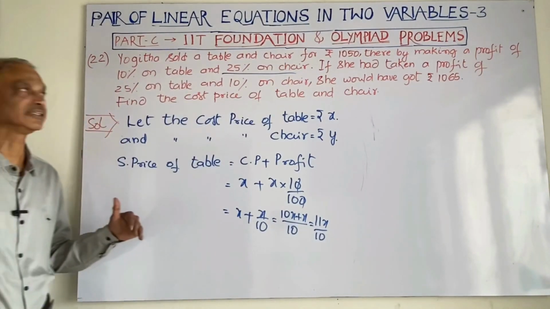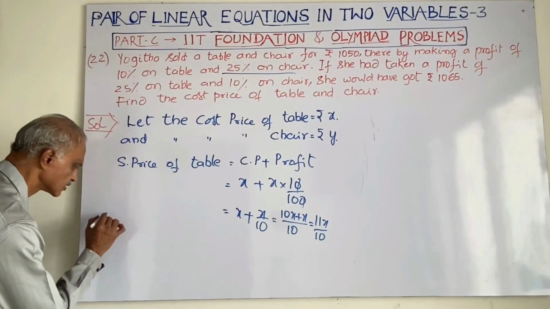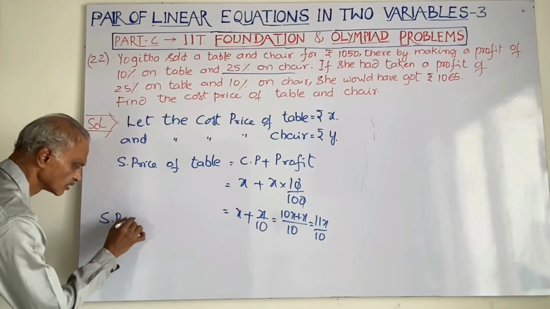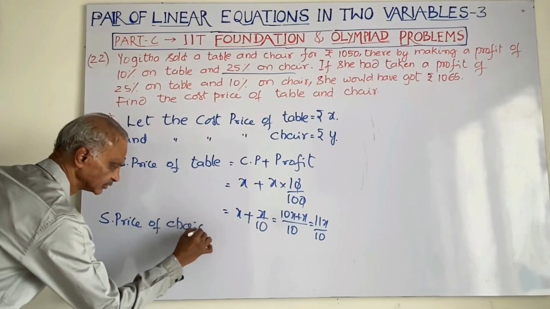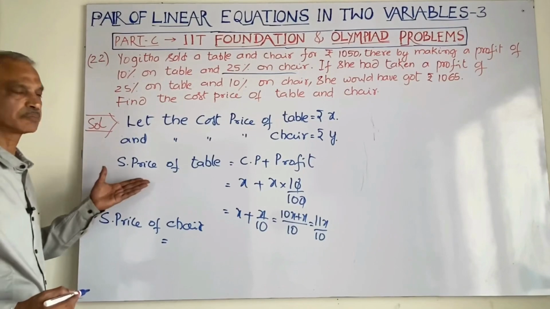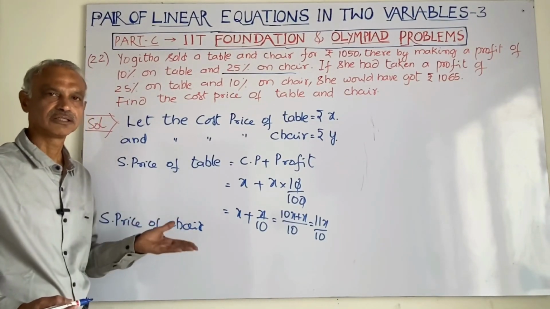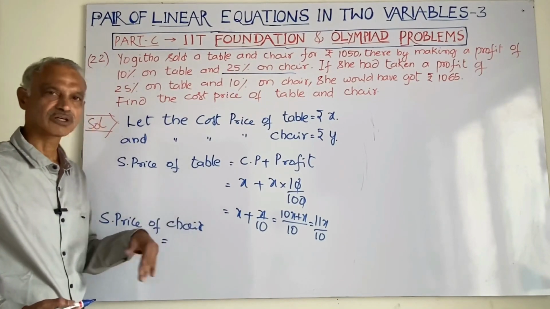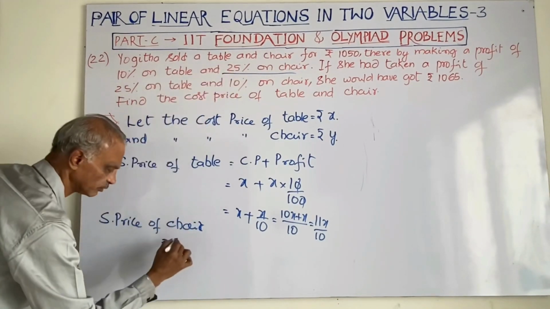Now we have to find the selling price of the chair. What is the selling price? Selling price of chair. Cost price plus profit. Cost price and profit on cost price. What is the cost price here? Y rupees.